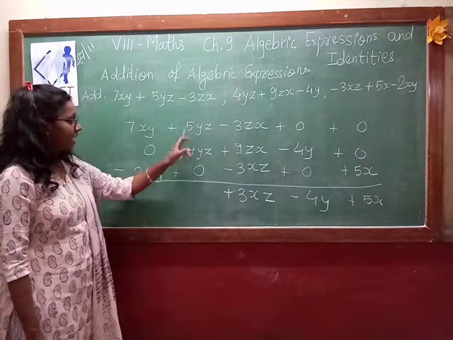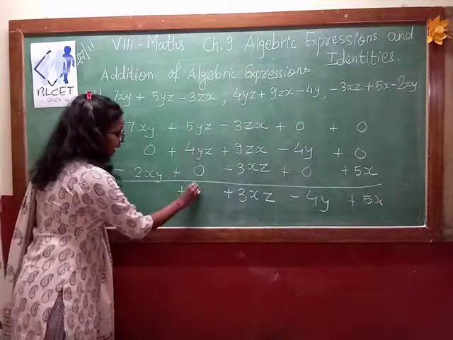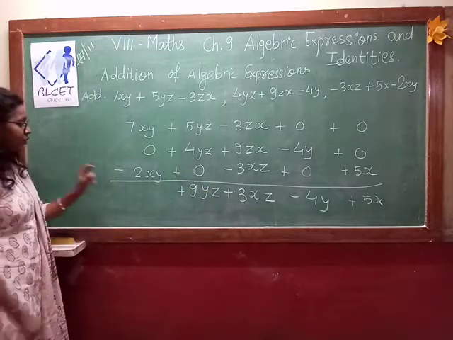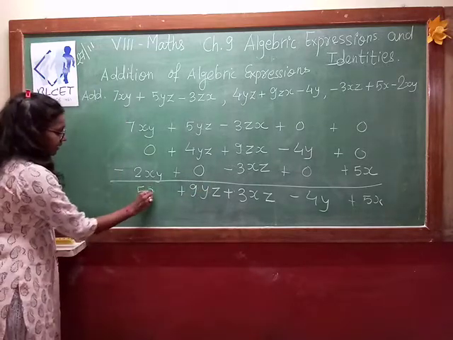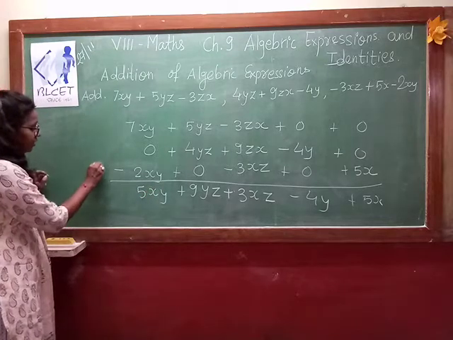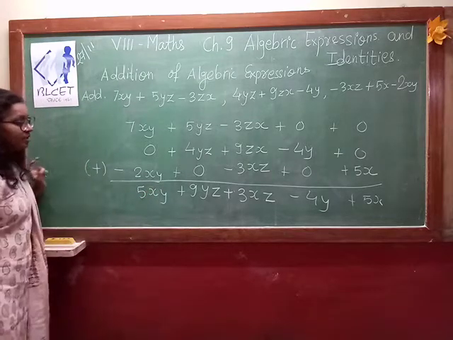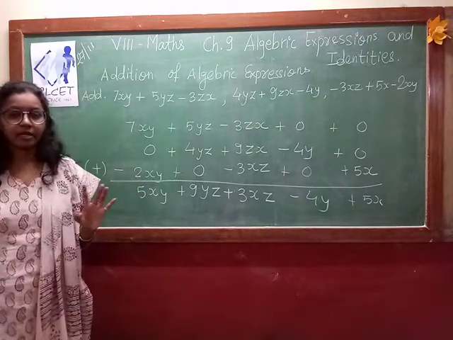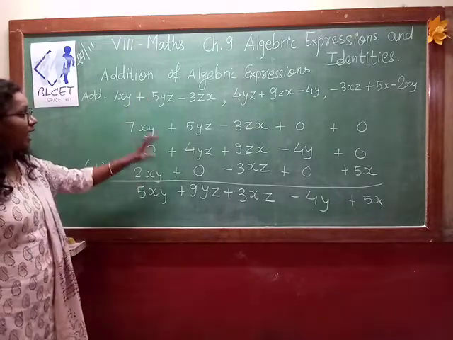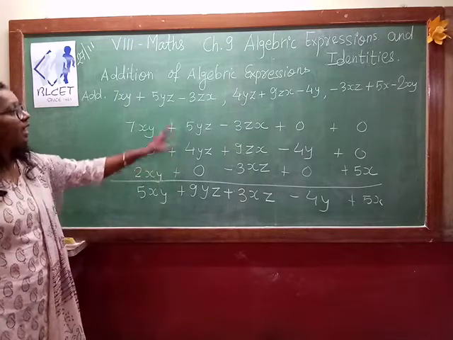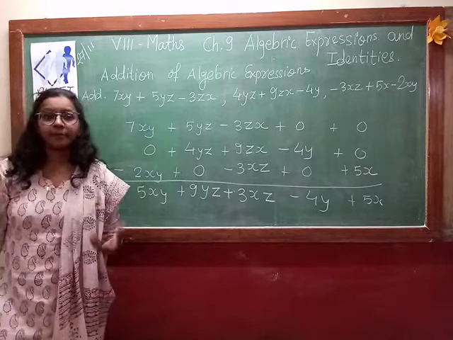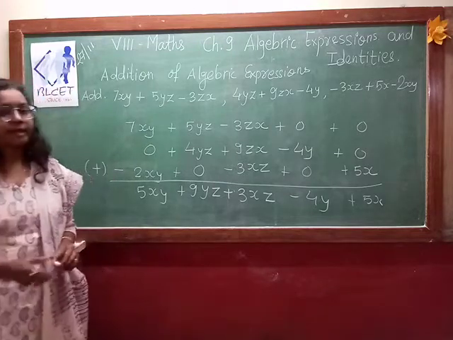Move on to the next. 5 plus 4 is 9yz. 7 minus 2 is 5xy. We are doing addition, so there is no change in the sign. Minus remains minus, plus remains plus. So this way we do the addition of algebraic expressions. Move on to the next topic, that is subtraction of algebraic expressions.